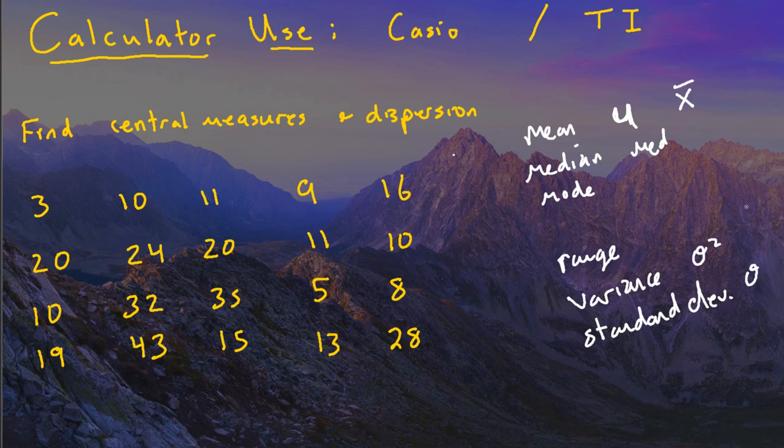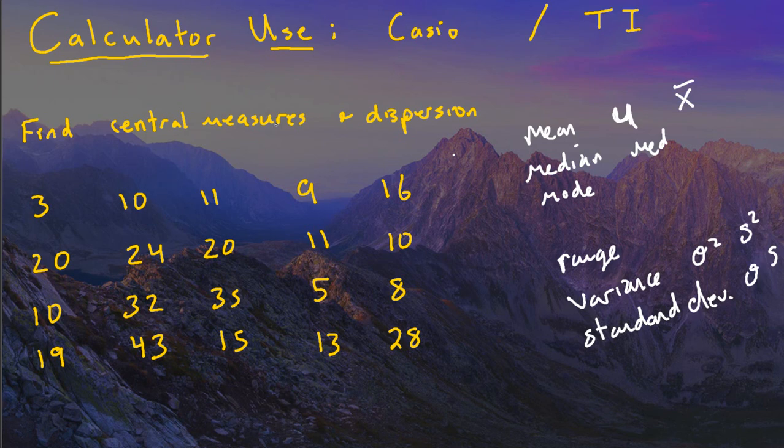So these symbols that I'm writing up here now, X bar and S squared and S, those are the symbols for each of these if our data represents a sample, meaning a portion of the entire data.